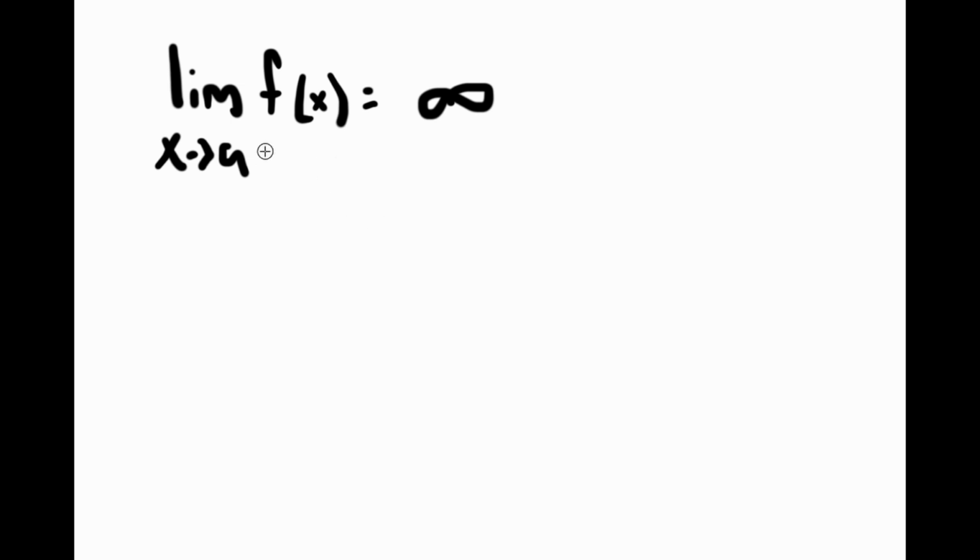And we'll say the limit of f of x as x approaches a is equal to negative infinity when we can make f of x arbitrarily large and negative for all x close to a, from both sides, without x actually equaling a. So basically that means if we can make f of x big and negative for all x close to a on both sides, then we can denote it as negative infinity.